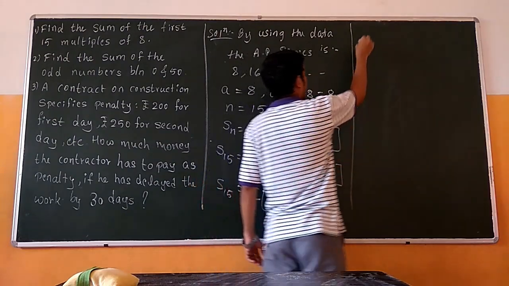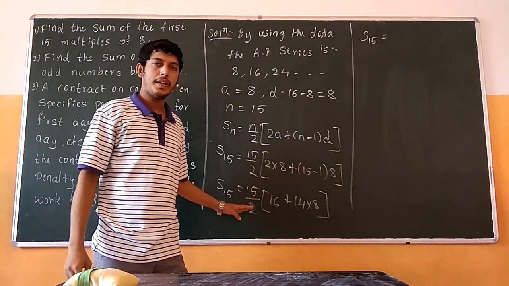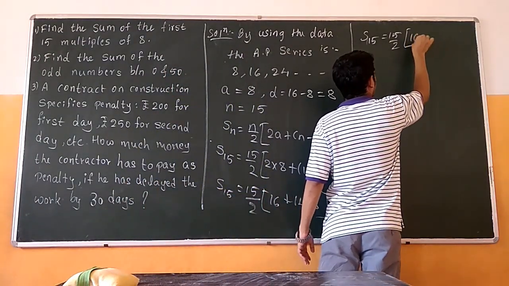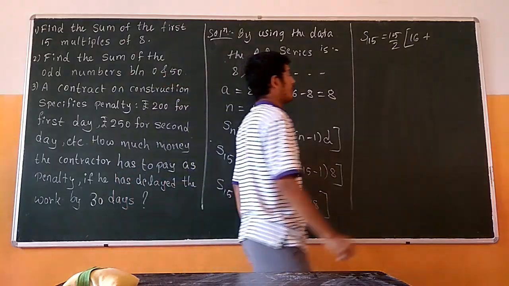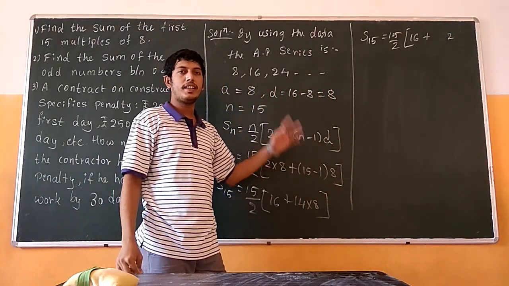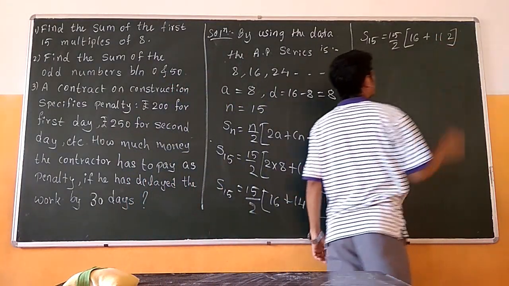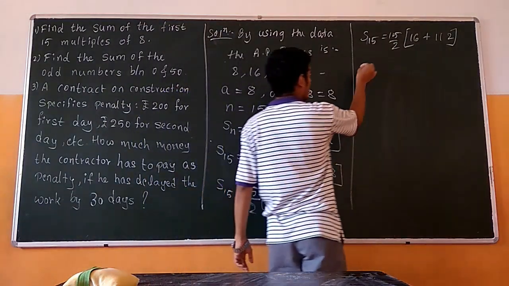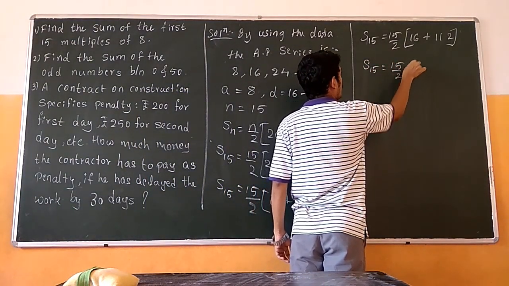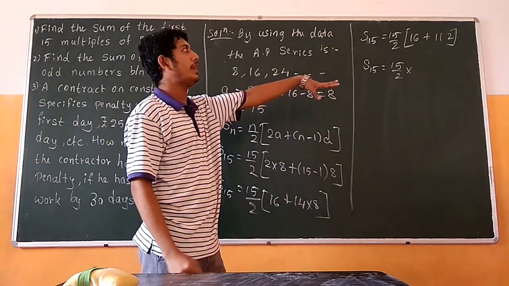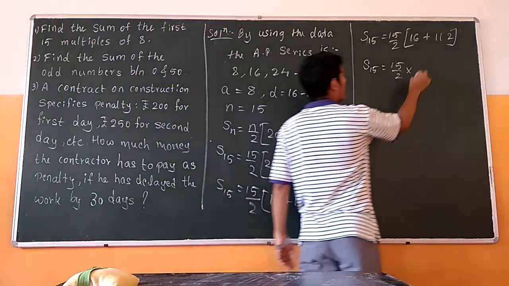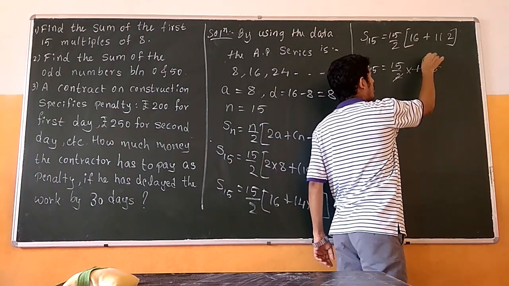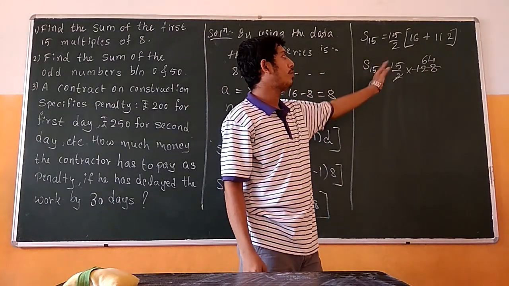So the next step becomes S15 equals 15 by 2 into 16 plus 8 into 14. 8 fours are 32, 8 ones are 8, 9, 10, 11, so it becomes 112. So S15 equals 15 by 2 into 16 plus 112, which is 128. 2 ones are 2, 2 sixes are 12, then 2 fours are 8, giving 128 halved as 64.